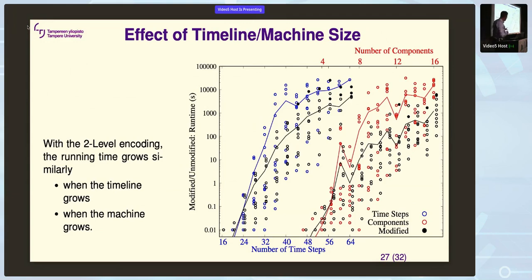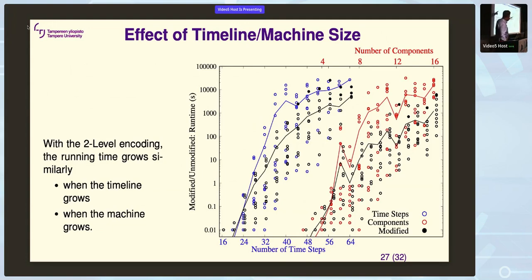It's a very similar experiment to the previous one I showed, but this shows that when the number of time steps grows from 16 to 64, the time requirement of a solver grows exponentially, but the improvement based on the pruning is also very similar.